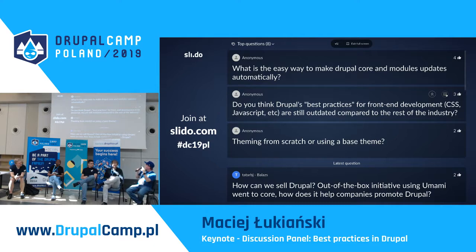So the thing is, with updating Drupal core and modules and themes and libraries and everything, in Drupal 8 we have Composer. Just let it go. I mean, it works pretty well. Composer update, boom, everything breaks. Happens.